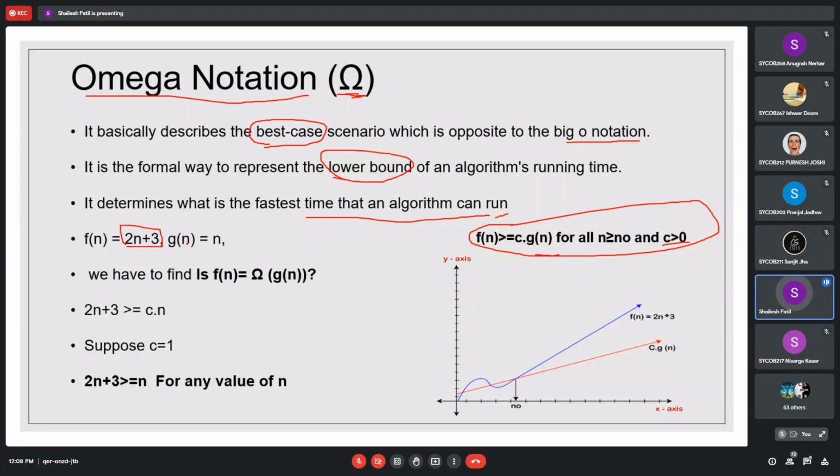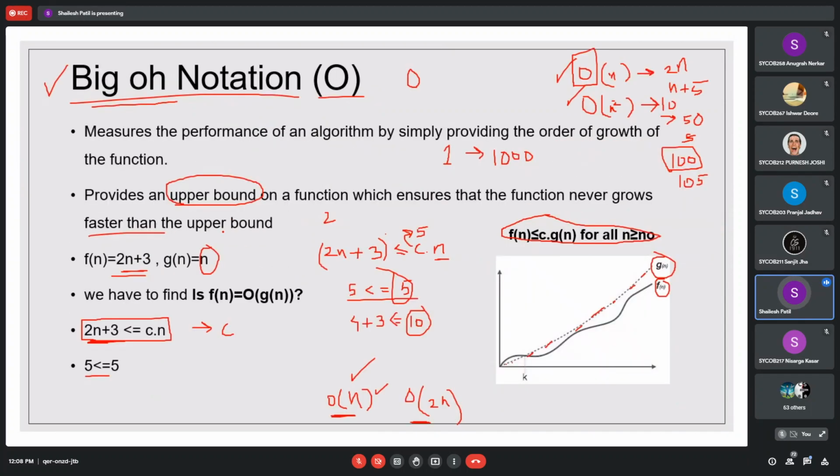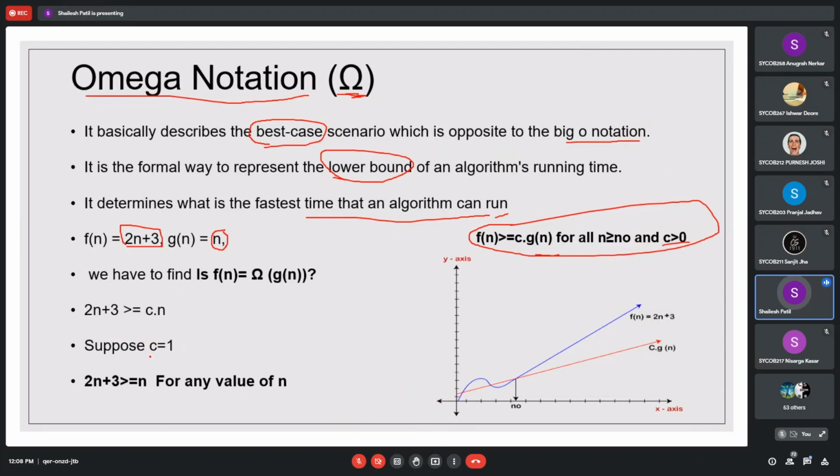Only the g of n which we take is different: previously we took some constant here. Now we are going to put c as 1. If we put c as 1, then for any value of n, this will always be greater. Clear?